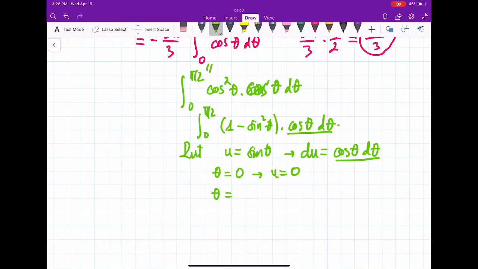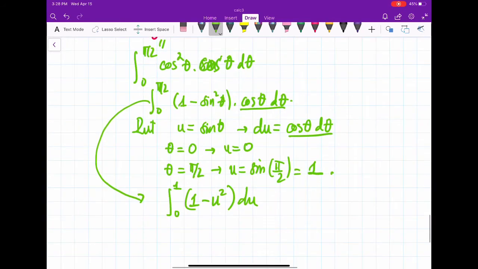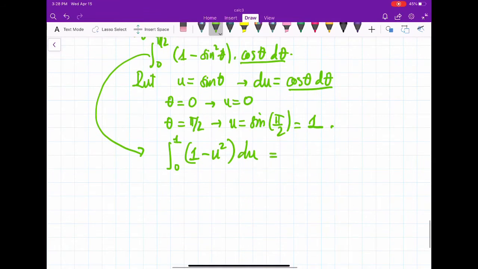When theta is pi over 2, u is sine of pi over 2, equal to 1. So this integral is equal to integral from 0 to 1 of 1 minus u squared du, and this is already a very easy one. You have u minus u cubed over 3 evaluated from 0 to 1, which is 1 minus 1/3, that is 2/3.